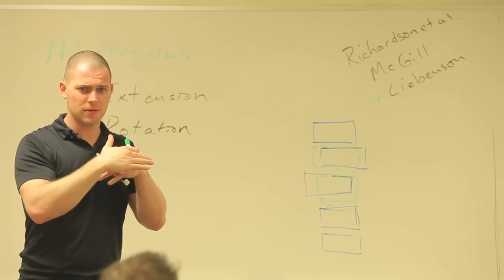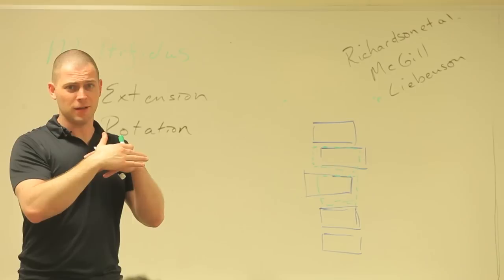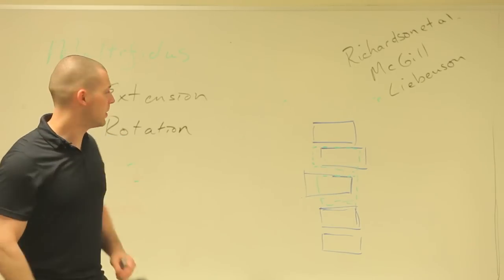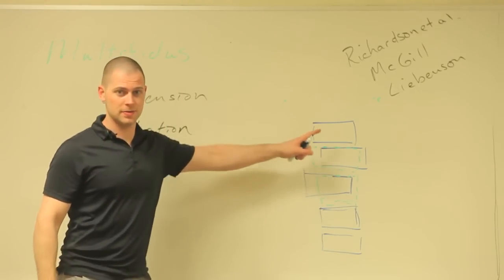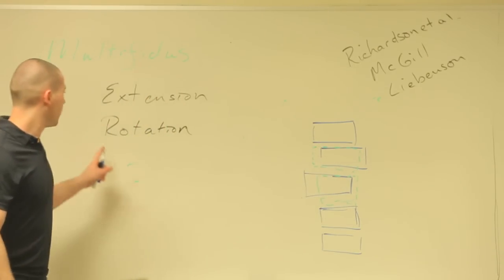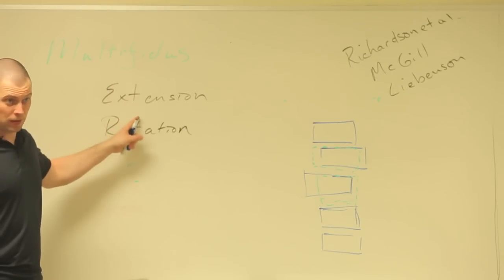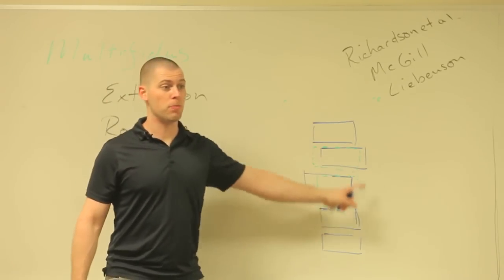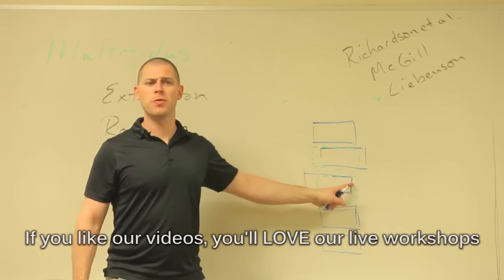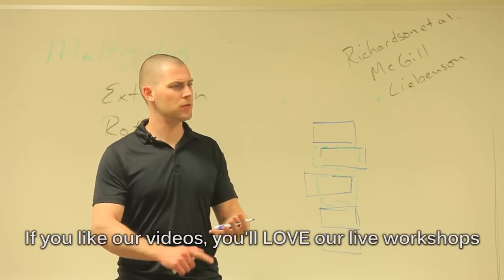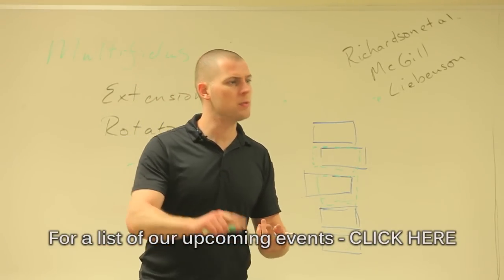Instinctively, guys, do you think that's a good thing? No, probably not. So we think that the multifidi have a big role in this. This is the joint actions they'll help with, but this might be their more important function. Just like when we talked about the rotator cuff, we talked about the rotator cuff doing external rotation, internal rotation, abduction, but what was their important function?